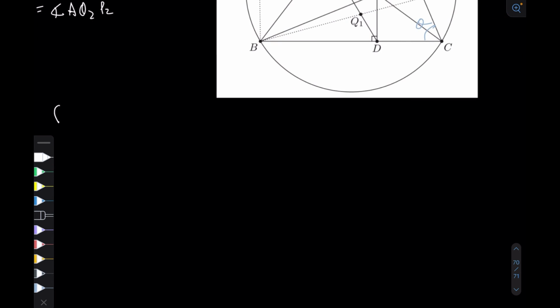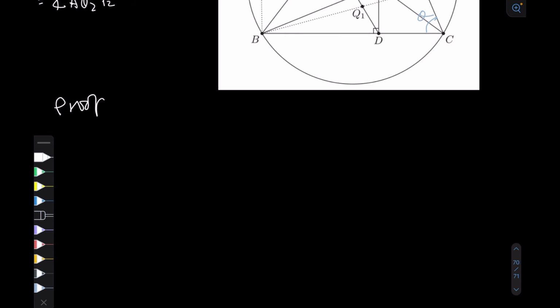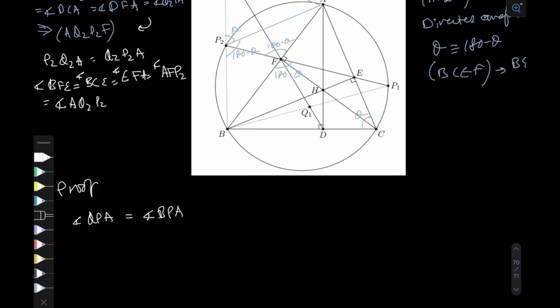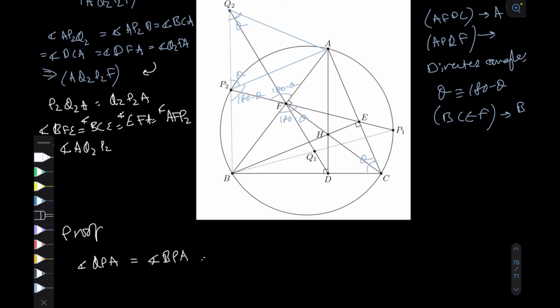So here's the actual solid proof of it. That is, we start with the directed angle QPA. We know that this would be equal to the directed angle BPA simply because they're in a straight line, so they add up to 180. Let me show the diagram here so that you can actually see that. This angle BPA must equal this angle BCA. Well, actually 180 minus this angle BCA, but again, directed angle, so it doesn't matter.